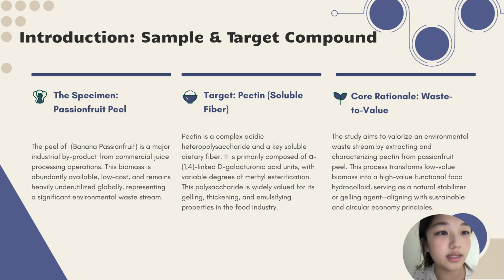Valued for its gelling and stabilizing properties, converting this underutilized byproduct into a high-value functional food hydrocolloid establishes an effective method for waste valorization that directly supports sustainable and circular economic principles.